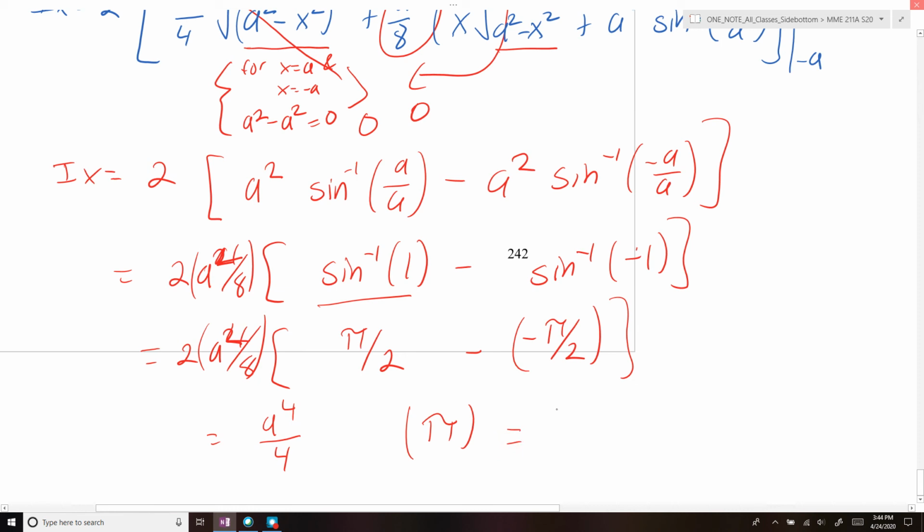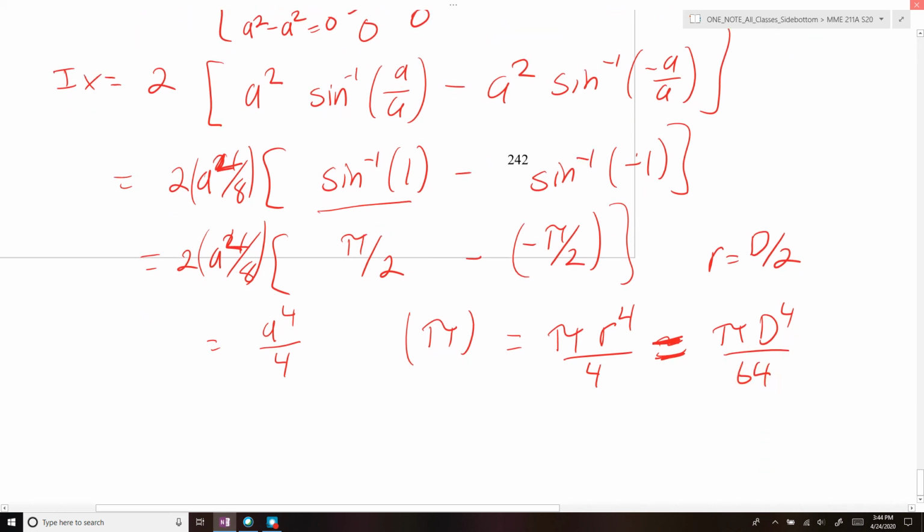So this ends up being pi times a to the 4th over 4. If we substitute r for a, the I of x for a circle is equal to pi r to the 4th over 4. If we set r equal to d over 2, this is equal to pi d to the 4th over 64.